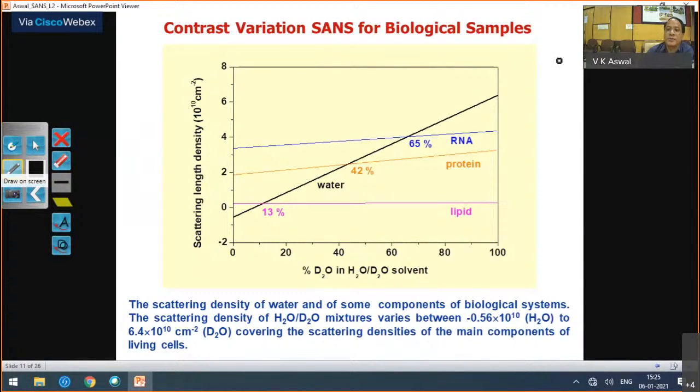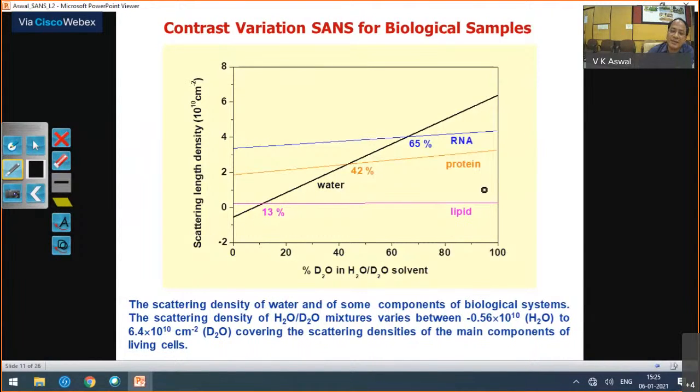So this contrast variation is very popular in biological samples because when you talk of biological samples, you have different components coexisting in a system: lipid, protein, and nucleic acids. You want to separate and see how they are distributed in your biological system.